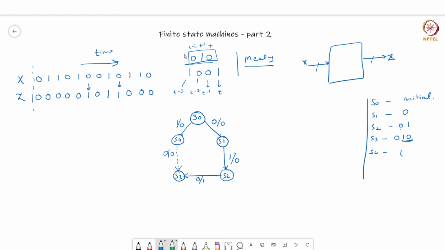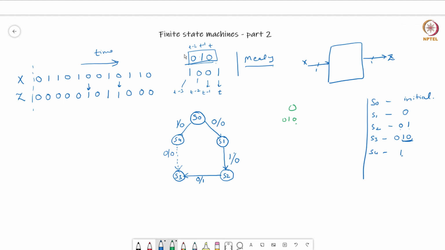We would like to match 0 1 0. S2 already represents that 0 1 is there, and if S3 is coming from S2, that means that 0 1 0 is there. That's what we would like to remember.